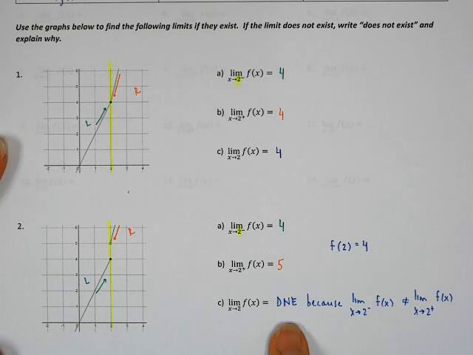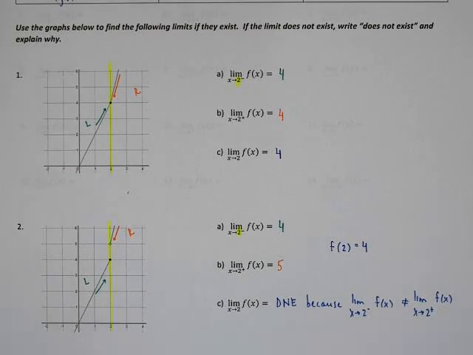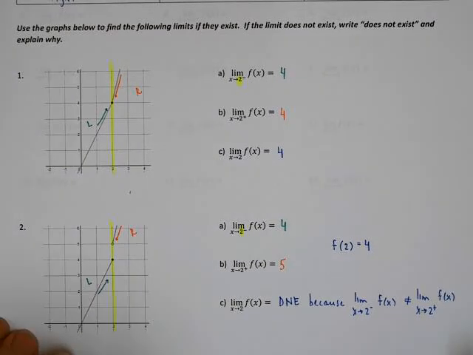Whenever we're saying that a limit does not exist, this is the reasoning we're going to use. We're specifically stating that it's because the left side and the right side limits are not equal. And again, you can see in my notation, I've included that function name with my limit notation.